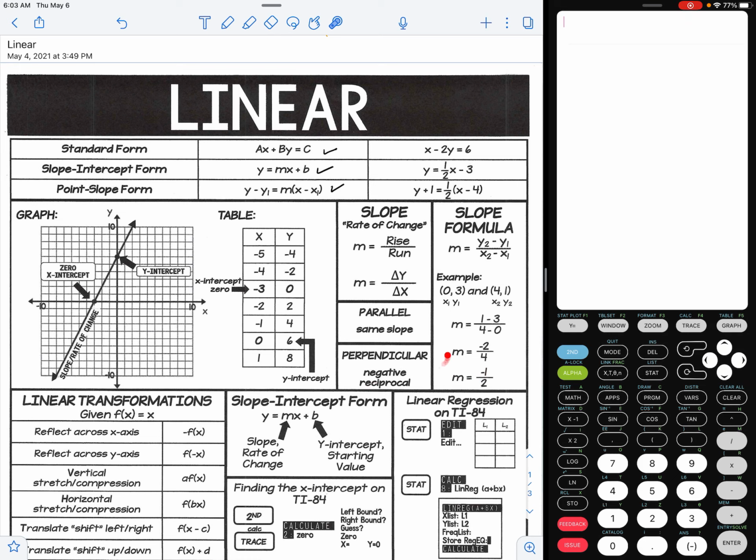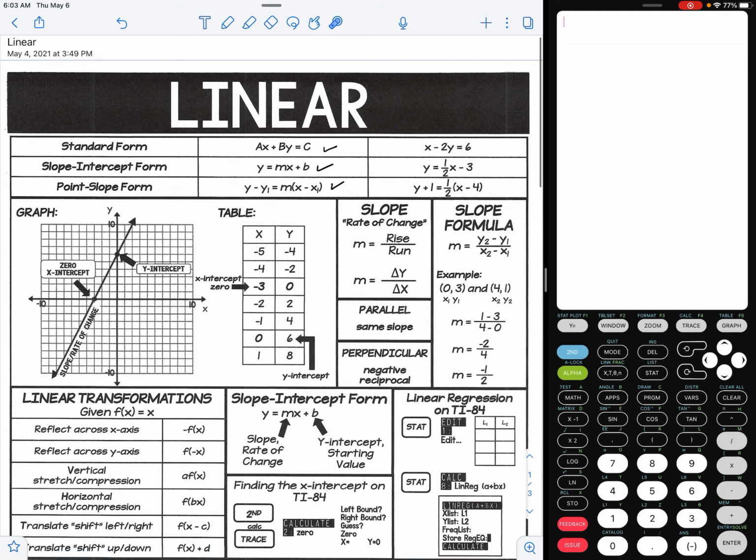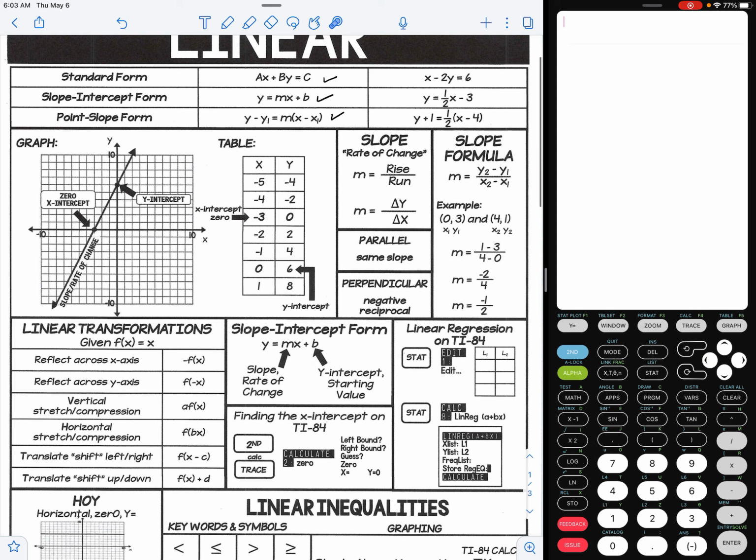We're going to come back to parallel and perpendicular lines, but right now we're going to go into how we write an equation if we're given 2 points, or a point and a slope, whatever it is.